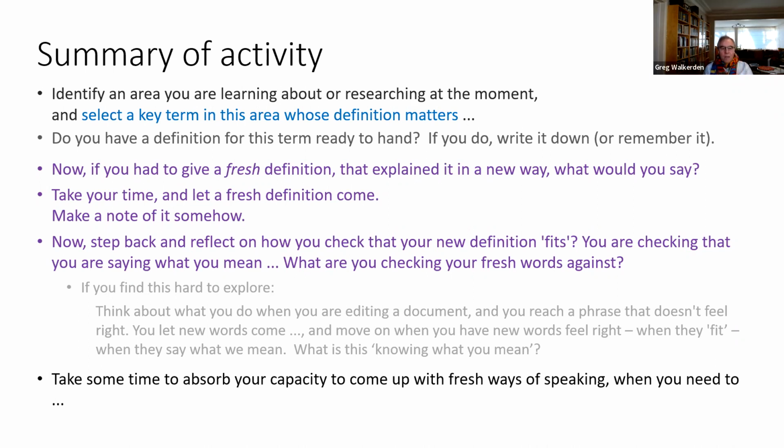And if you find that a hard question to explore or to interpret, you could think about when you're editing a document and you reach a phrase that doesn't feel right and you let some new words come. When the new words come, how do you tell that they feel right, that they fit? What's going on there?